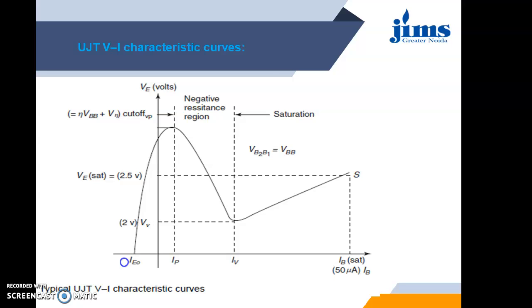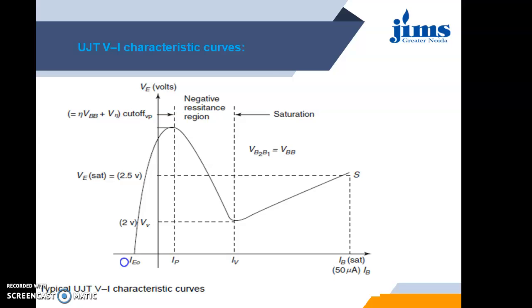Now if we increase the current IE further, the voltage VE decreases up to a certain magnitude, and after that it increases further. The minimum value of current at which the voltage is minimum is called the valley current.